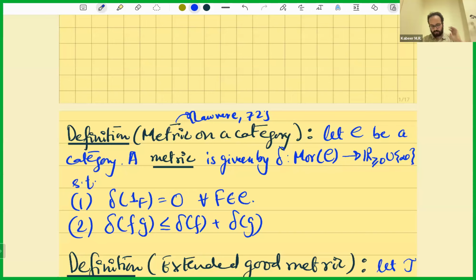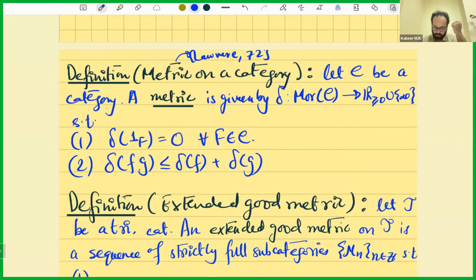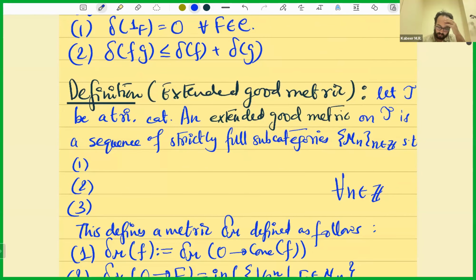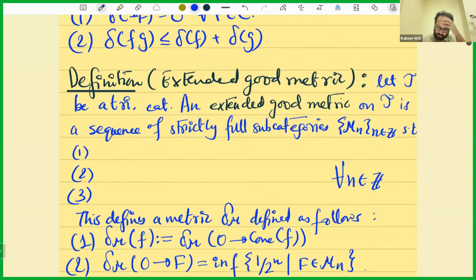And yeah, so this is the notion of a metric on a category. The way to think about this is that it assigns a notion of length to each morphism. But in this talk, we'll be more interested in metrics on triangulated categories, not all of them, but certain special ones, which brings us to this definition of an extended good metric.